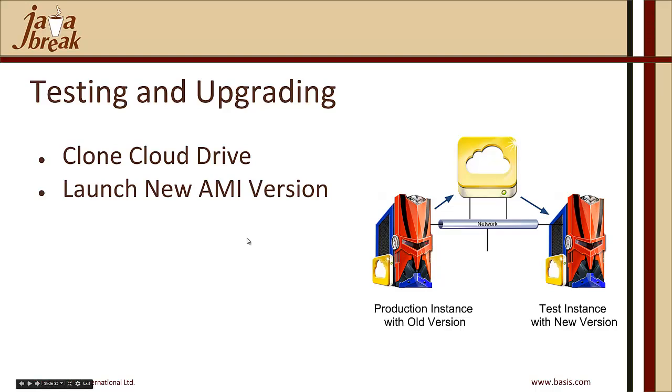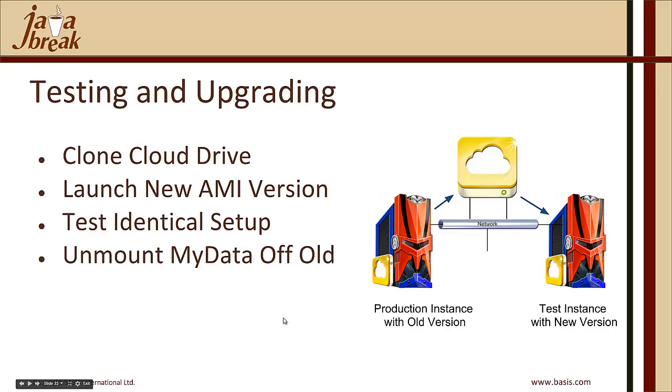But everything else is identical, so that when we get ready to push it into production, we will have tested with as identical a system as we could possibly get. You can see that these are as identical as they can be, except for the upgrades to the version. But the hardware is the same, the data is the same, the network is the same, and the interaction with the test people is the same.